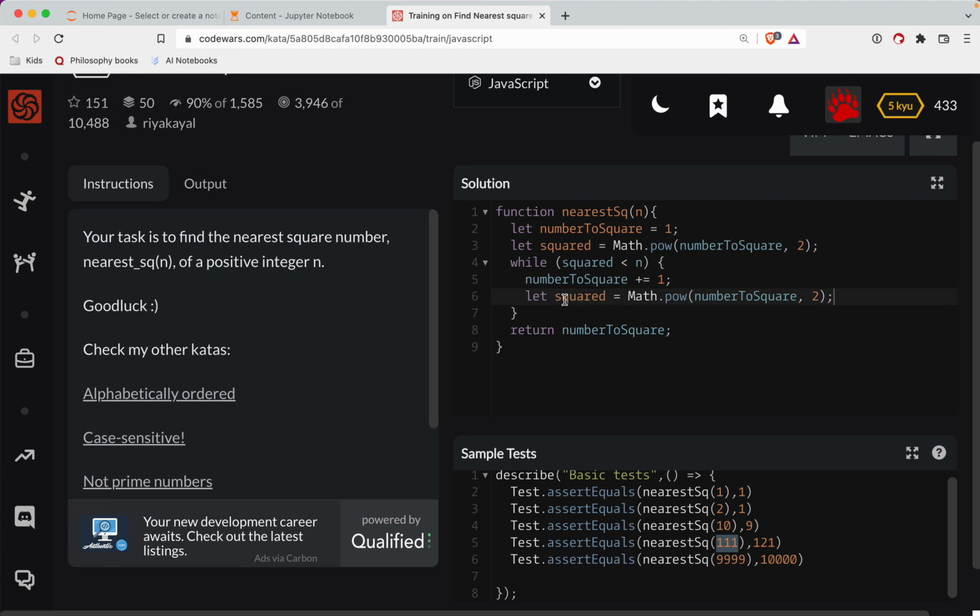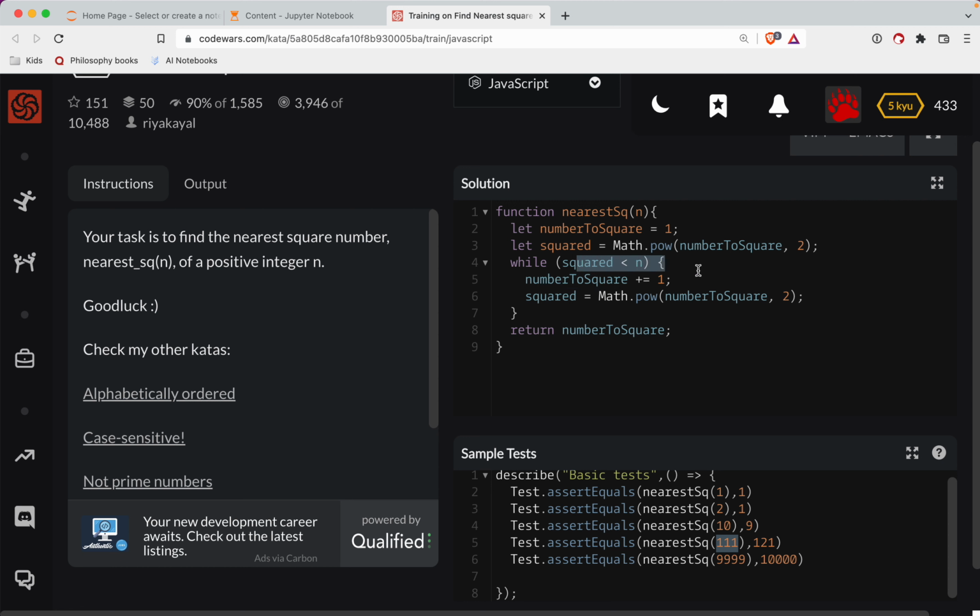And I don't need the let for the second time. So every time we increment, we're going to get this number up by 1, and then we'll square it. And then at some point, this number is going to be bigger than or equal to our in.